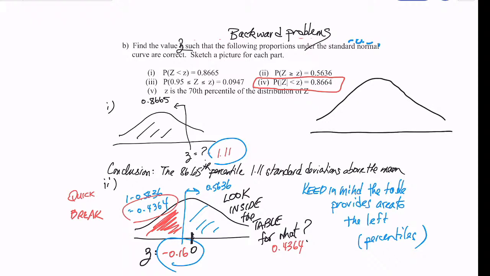So this one says the area between, so this is backwards, you see? The one above that we discussed being beyond. This says the area less than z and greater than negative z. That's what that means.